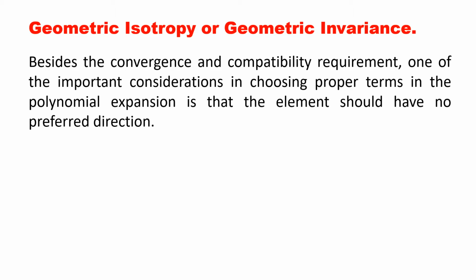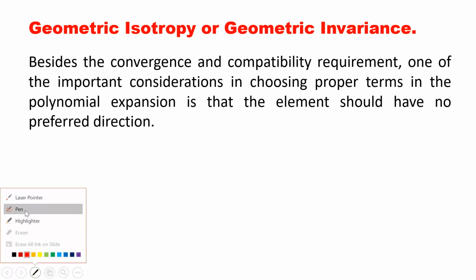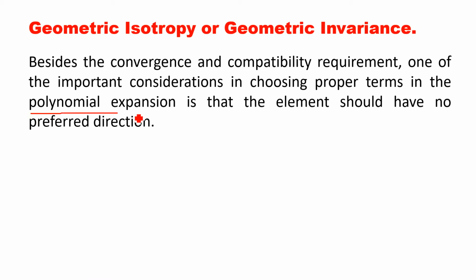In the finite element analysis, when we represent the approximate variation of displacement with the help of polynomial expansion, while representing this polynomial expansion, the convergence and compatibility are the important requirements.